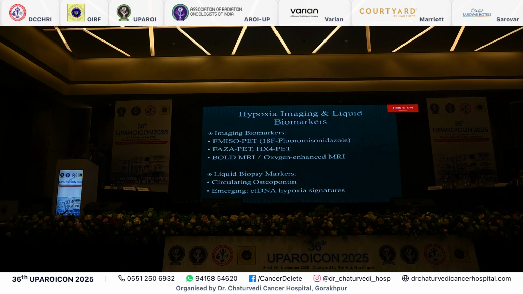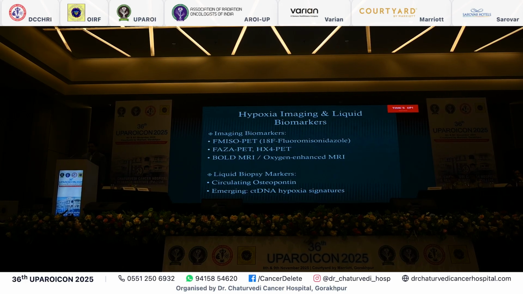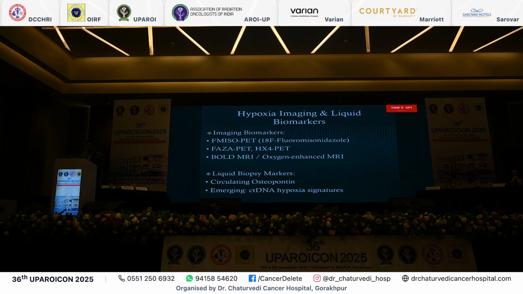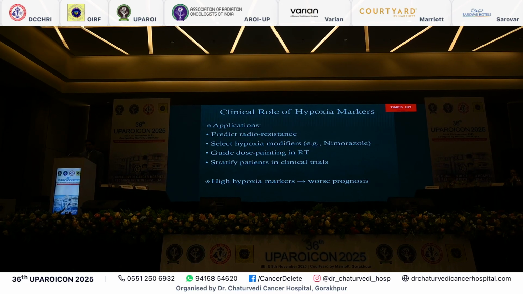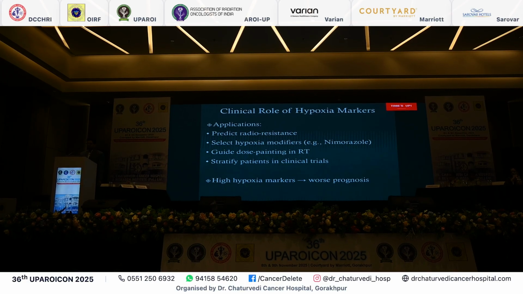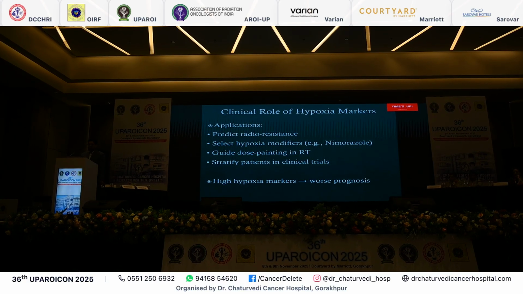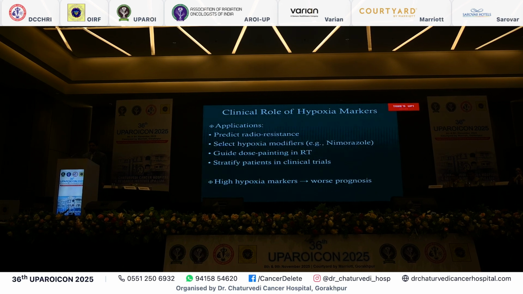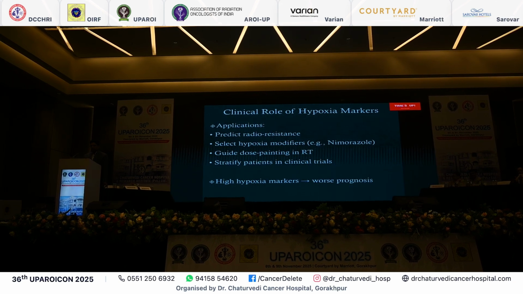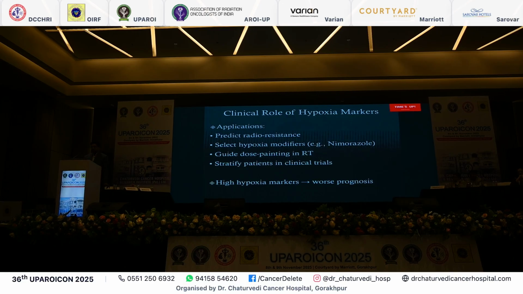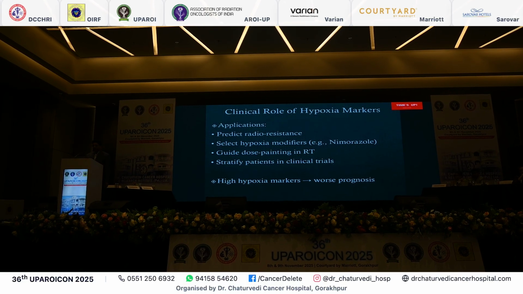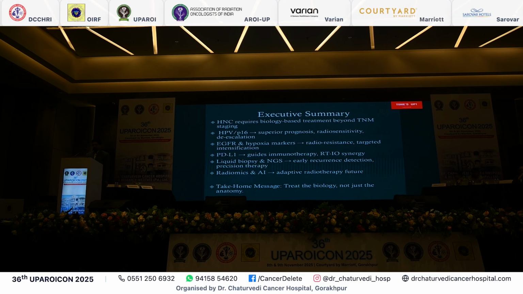Hypoxia imaging and liquid biomarkers, like imaging with FMISO PET, liquid biopsy. So the clinical role of hypoxia markers: they predict resistance, select hypoxia modifiers, guide dose painting in radiotherapy, and stratify patients in clinical trials. So high hypoxia markers show the worst prognosis.